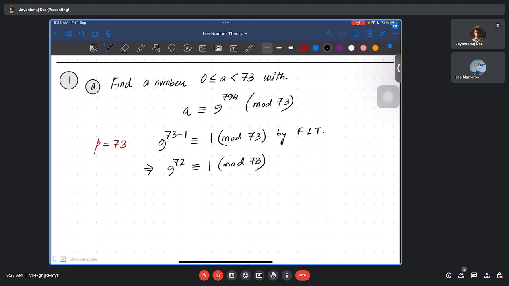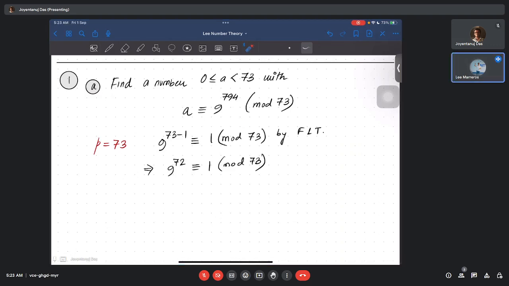Yes. Now what to do? How should I get to the power 794? You can multiply maybe, right? Multiply by 9 to the 794 on both sides. So if I multiply with this quantity on both sides, then it will be 72 plus 794 here, right? But how will that help?